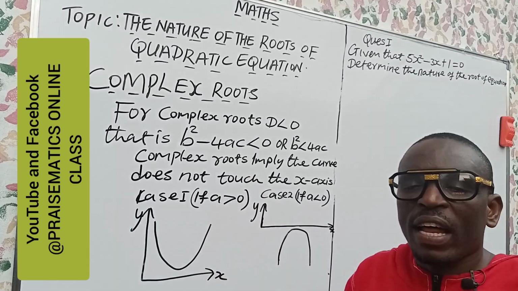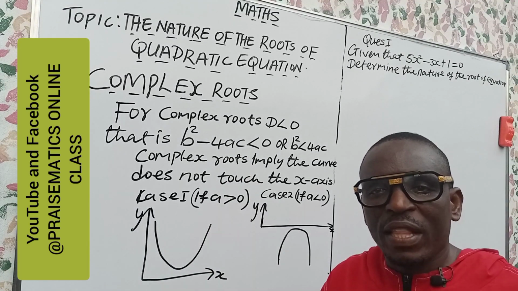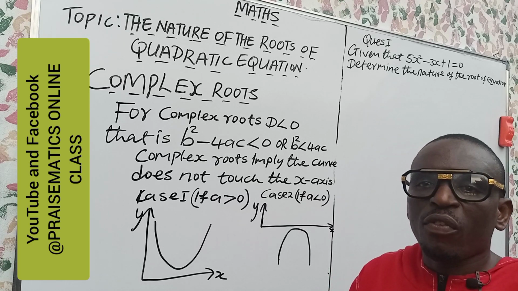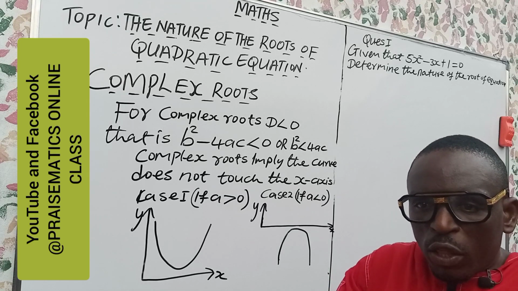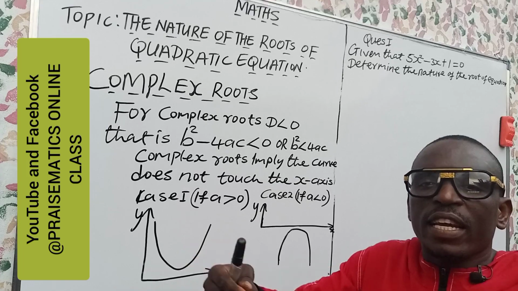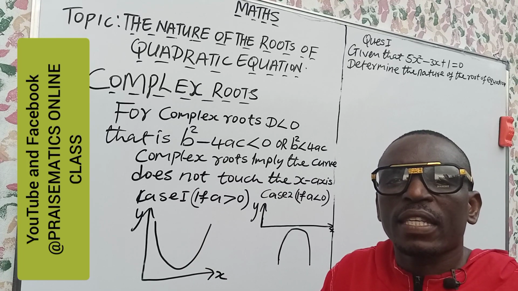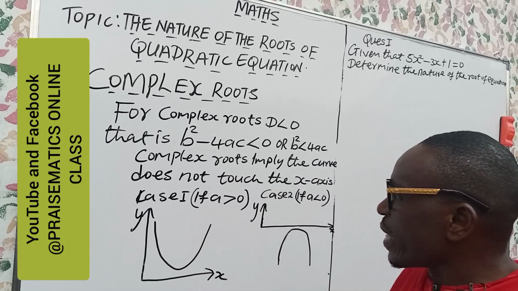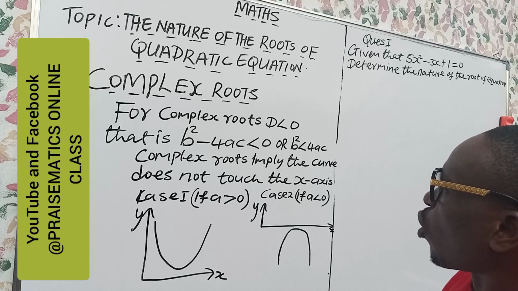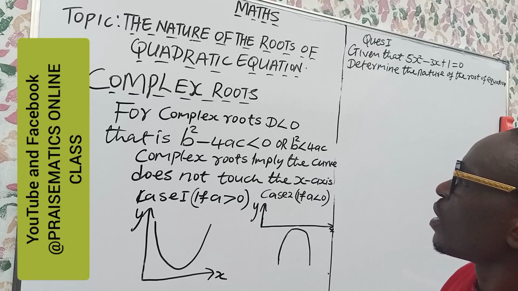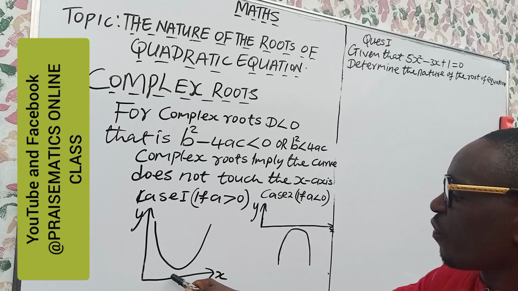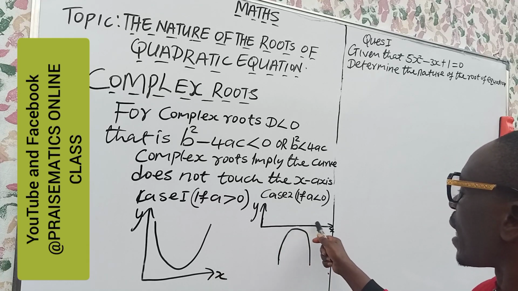The second one will have an equal root or repeated root, where the graph will touch the x-axis. But today we are going to look at the complex root, where the graph will not touch the x-axis.